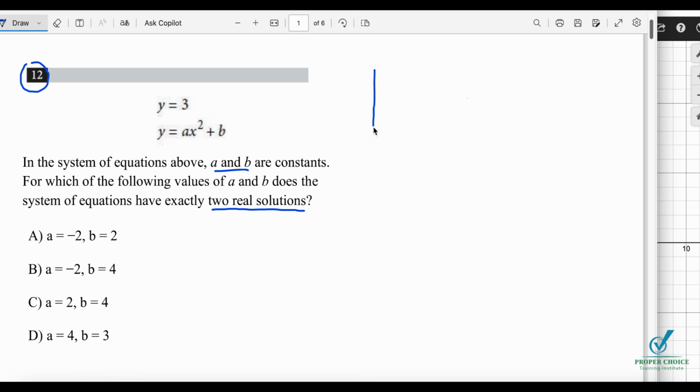Suppose we have only one quadratic equation, and I believe you are aware of the general way of writing a quadratic equation: y equals ax squared plus bx plus c. This is called a quadratic equation, and its graph is called a parabola, as you might have learned at school.